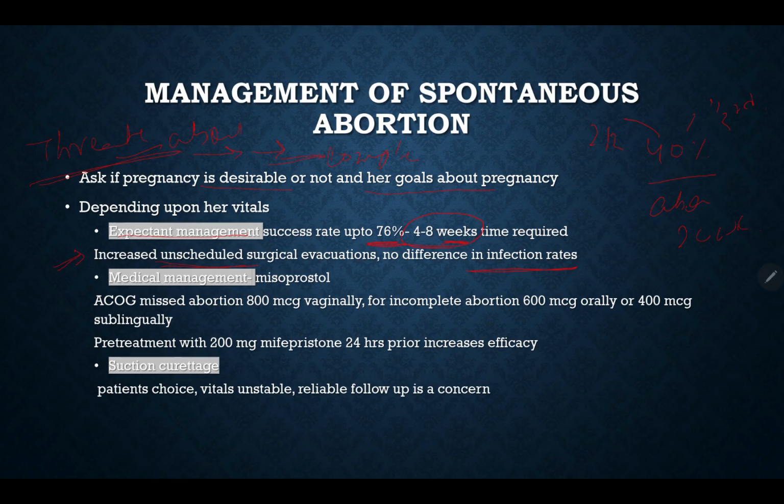If a woman lives near to the hospital or healthcare facility, then she can be allowed to go for expectant management. But if she lives in a far off place, it is better to avoid such management, because the unscheduled surgical evacuation rate is increased and she may or may not reach your center in time for help. Now next is medical management with misoprostol.